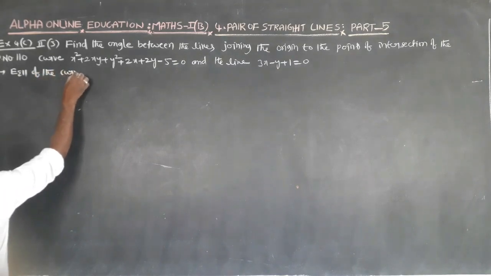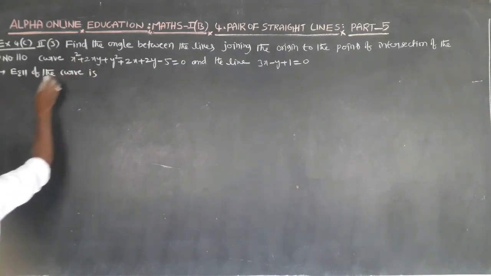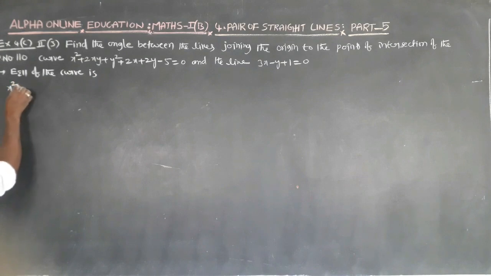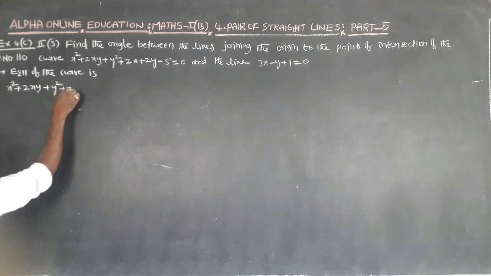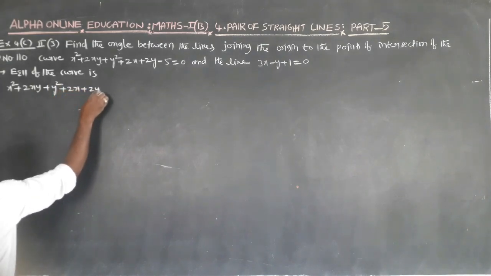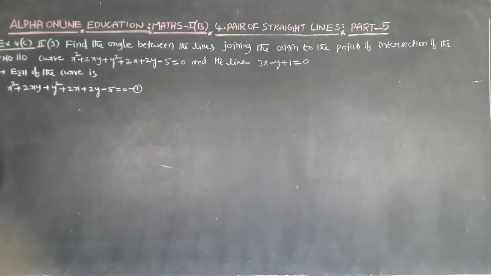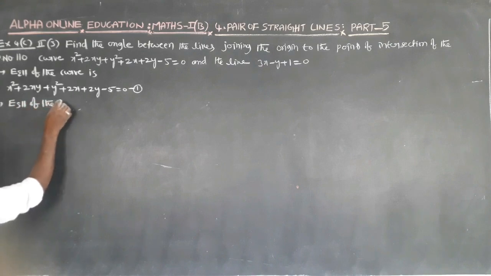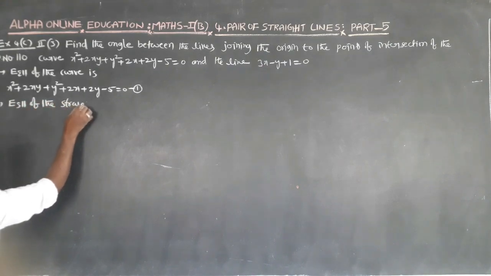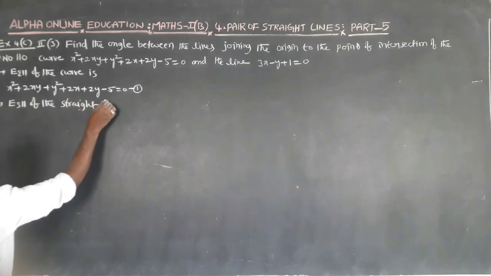Here given equation of the curve. Equation of the curve is x square plus 2xy plus y square plus 2x plus 2y minus 5 is equal to 0. Next one is equation of the straight line.